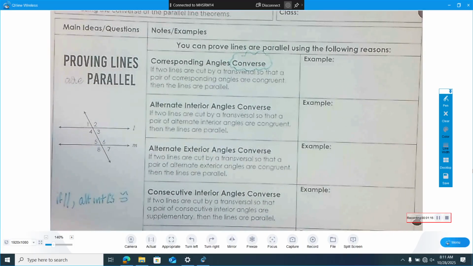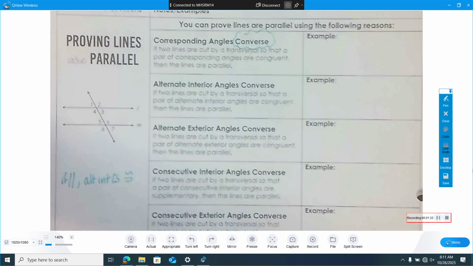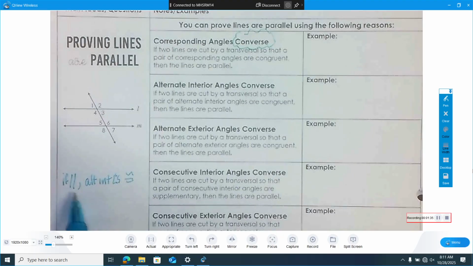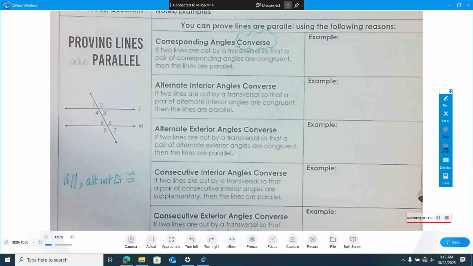And ladies and gentlemen, we talked about converses in the last unit, right? So what does a converse do? It switches your if and your then. It switches the conclusion and hypothesis. So now we're reversing these things and looking at the converse of them. So instead of if parallel lines, then alternate interior angles are congruent, we're going to switch it.